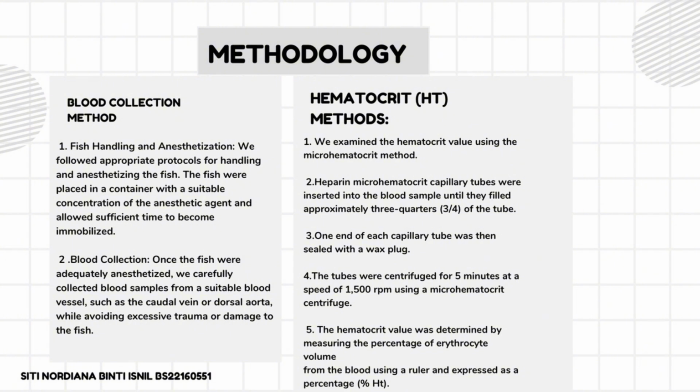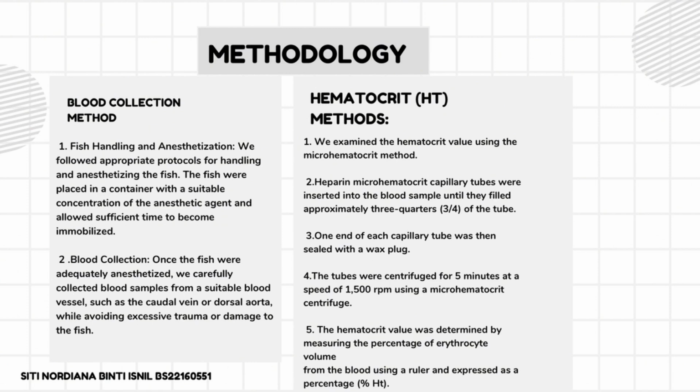For the hematocrit (HCT) method, we examined the hematocrit value using the microhematocrit method. Heparinized microhematocrit capillary tubes were inserted into the blood sample until they filled approximately 3 or 4 of the tube. One end of each capillary tube was then sealed with a wax plug.